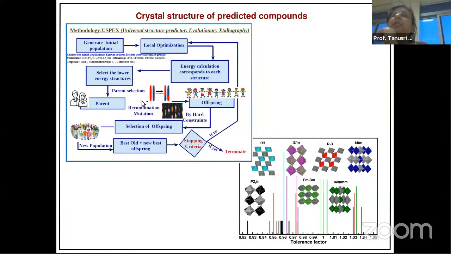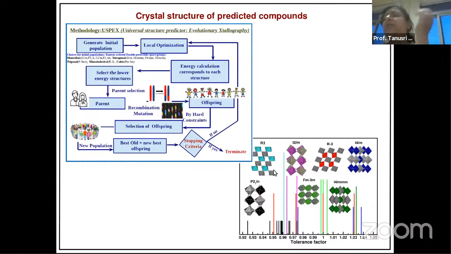From there, we use operations like recombination and mutation that generate the next generation of crystal structures. Then again, we select them by calculating the energy. That defines a new population based on the old and the new structures, all based on your energy consideration. And this entire loop is executed to come up with the best possible structure that comes out of the genetic algorithm.